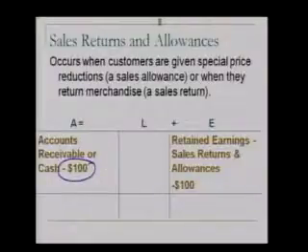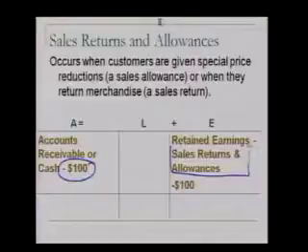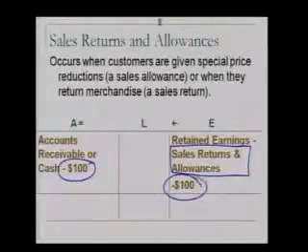Depends on the sale, right? So if it was made on account, accounts receivable goes down. If it was something they've already paid for, you're going to reimburse them the cash of $100. Okay? And on the other side, we've got that special account again that we're looking at to calculate net sales, sales returns and allowances. Okay, that has the effect of reducing sales, which reduces retained earnings.